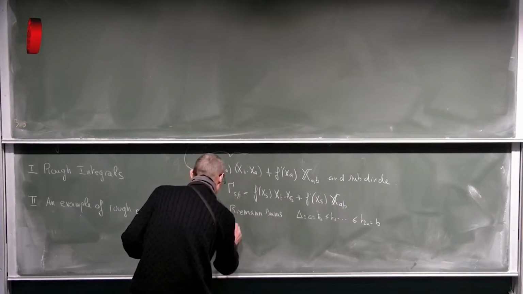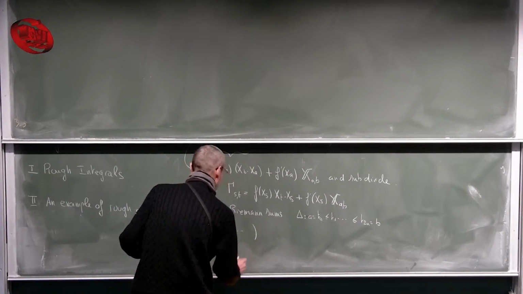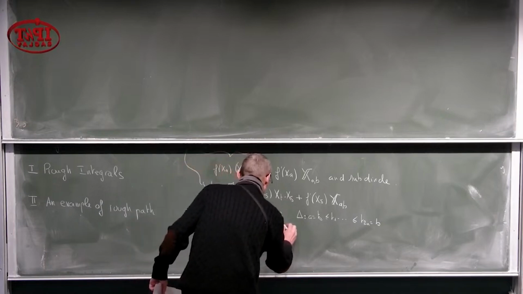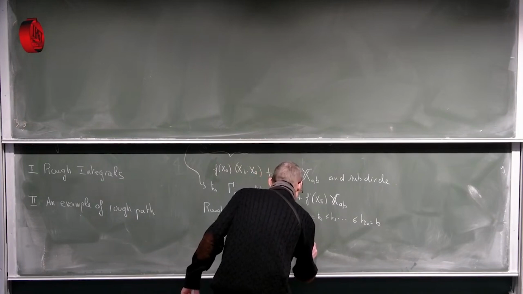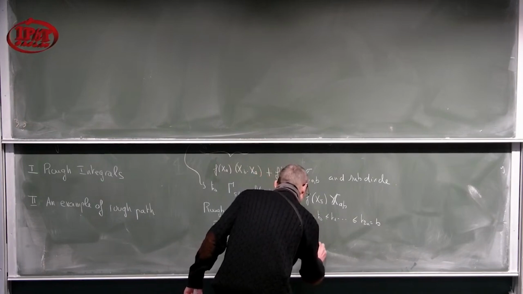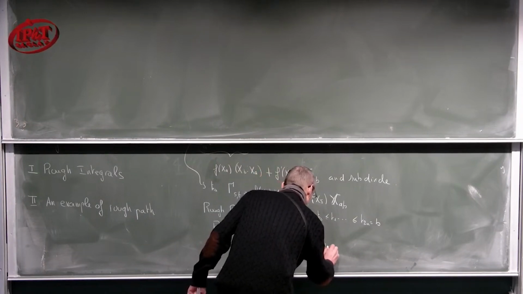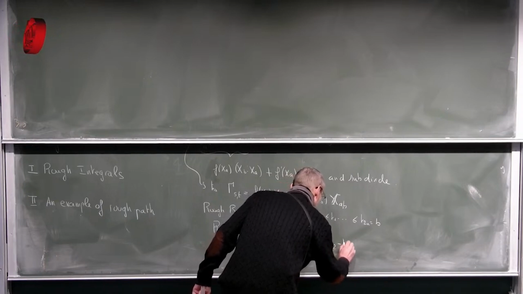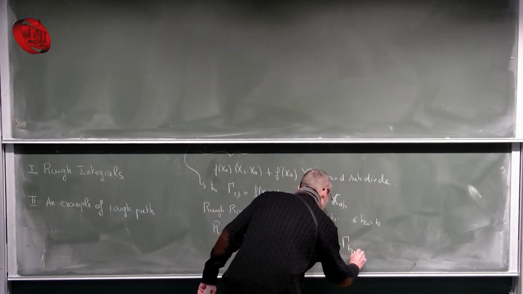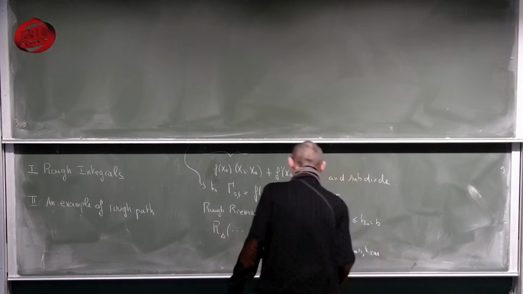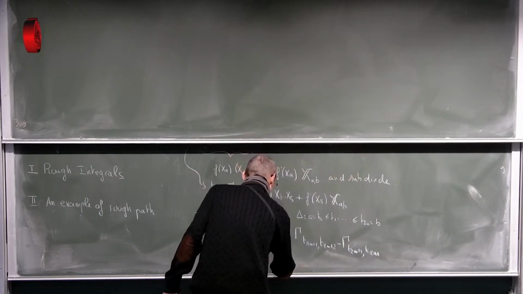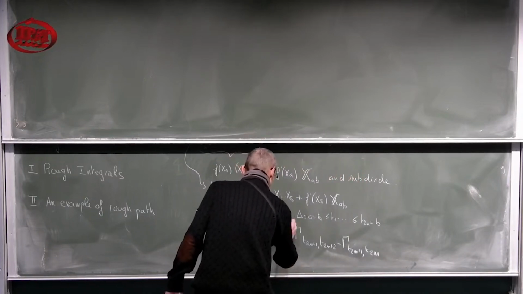R delta, and I will indicate a certain number of things here, and it's going to be the sum of gamma from t_{m+1} to t_{m+2}, minus gamma from t_m to t_{m+1}, equals 0.